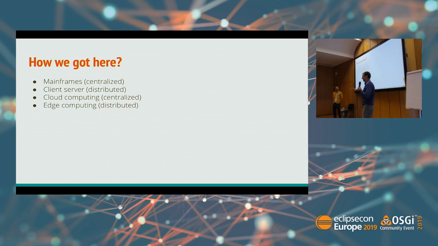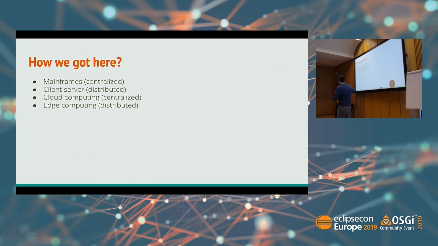So first we had the mainframes, one big computer where all the workloads were running in one single place. Then came PCs and the client server era, where we basically had fat clients and our databases and some of the logic hosted on the servers, some on the client side. So we had a distributed computing era for the first time.